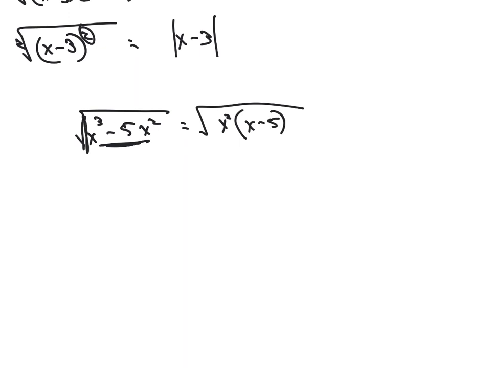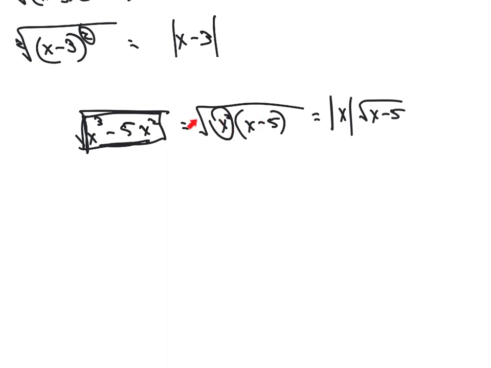So all I did was factor out an x squared and have what I have left. Okay, so the square root of x squared, I would pull this out and make it an absolute value, and then I'd have x minus 5 left in the radical sign because I didn't do anything to simplify that. There's no exponent on this in order to take it out.